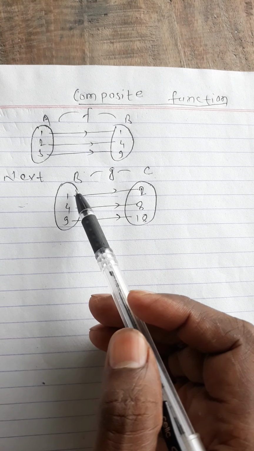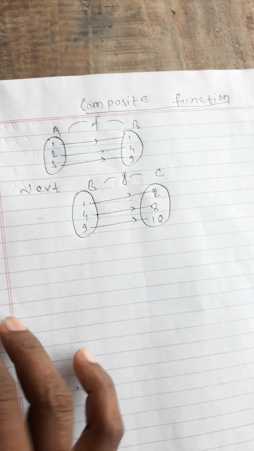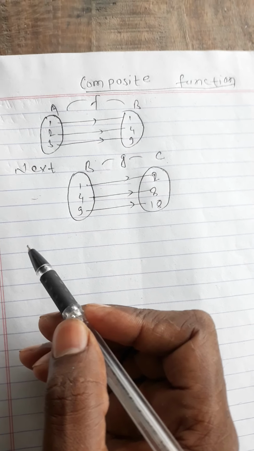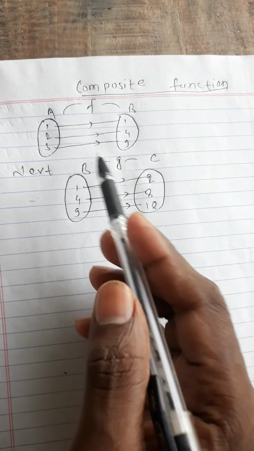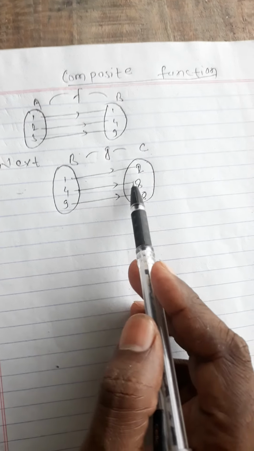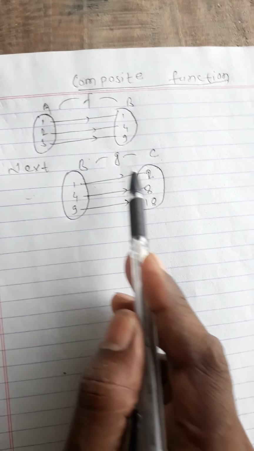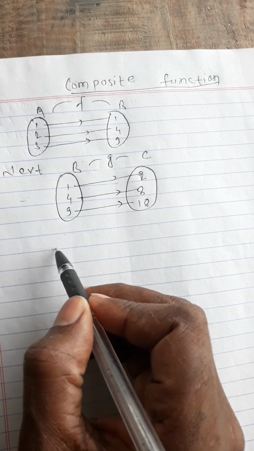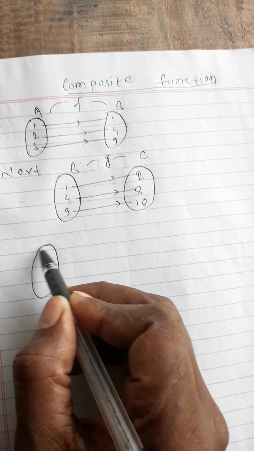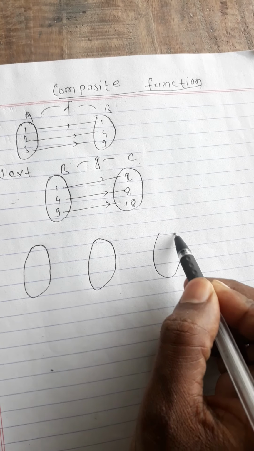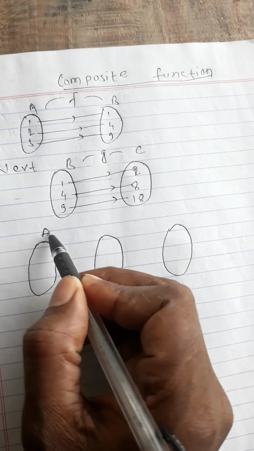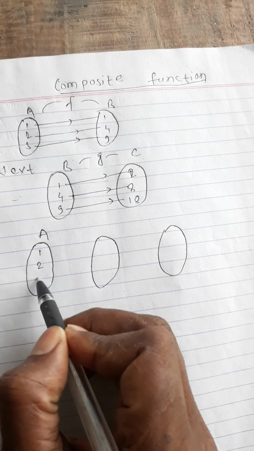Now, similarly, this is the function defined from B to C. Now, if you take the next example, the function defined from A to C, then it becomes like this. This becomes set A, this becomes set B, and this becomes set C. The elements of A are 1, 2 and 3.